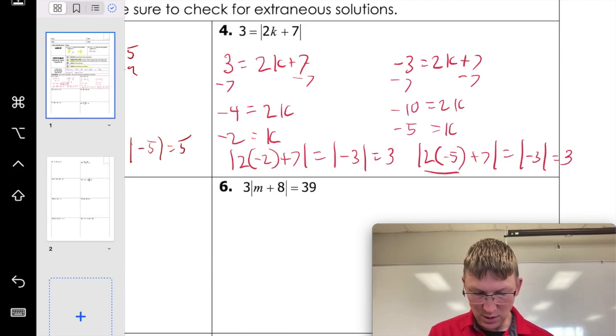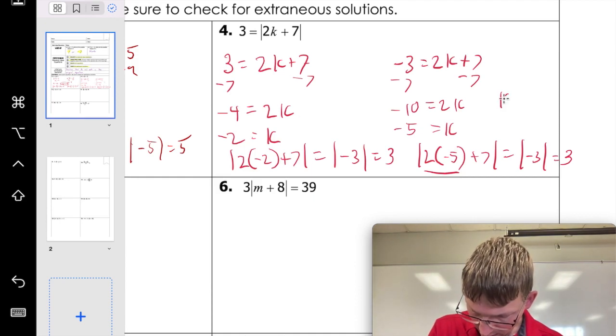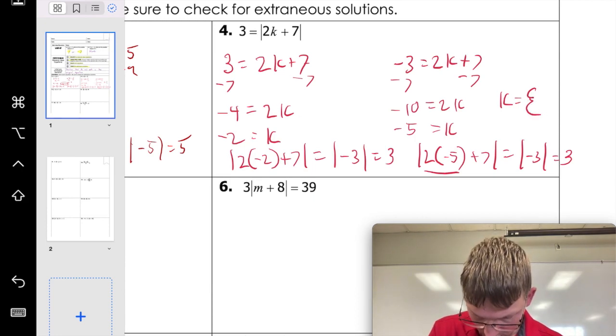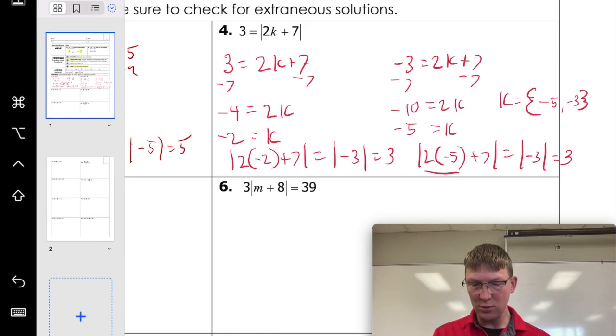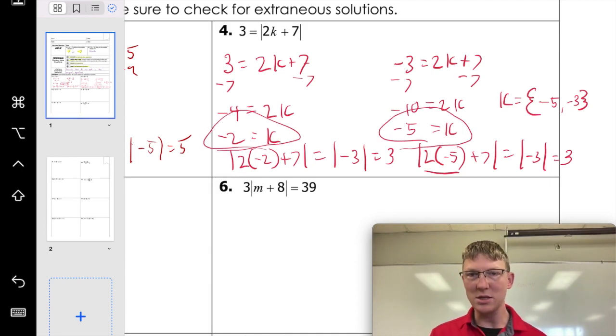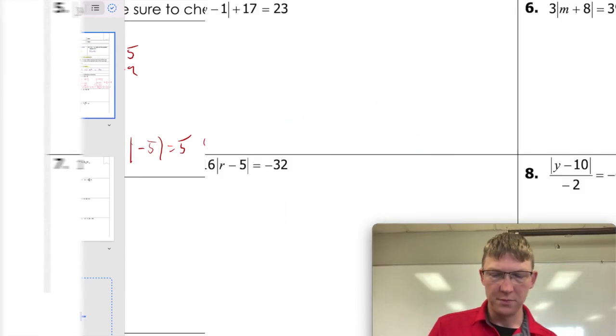So you can either write it in set notation, like k equals, what were my two solutions? Negative 5 and negative 3. That's cool. Also, if you just circle these, I'm okay with that. As long as you understand what you're doing, I'm pretty happy with that.